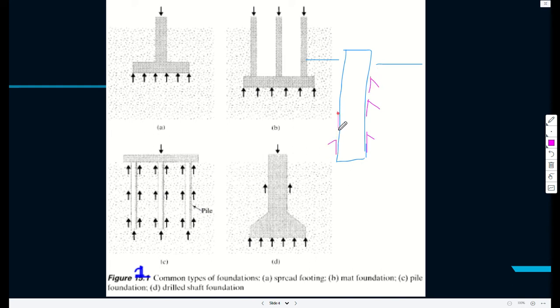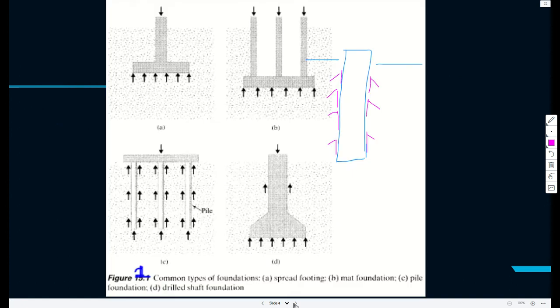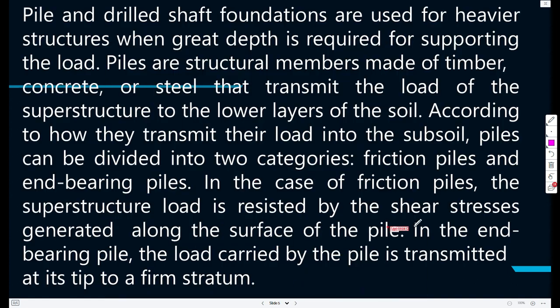The load carrying mechanism is just by friction. Now then we have friction piles and end bearing piles.